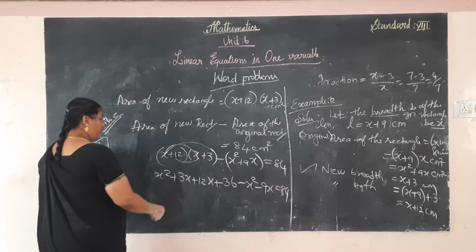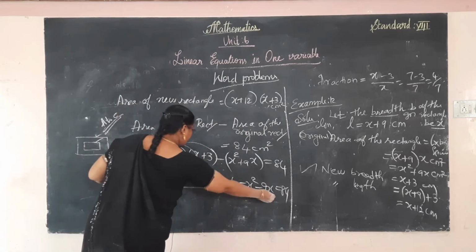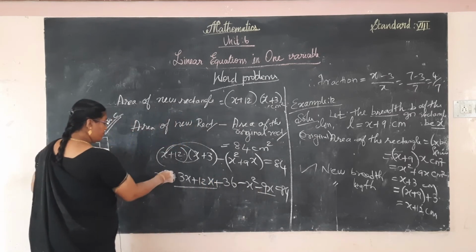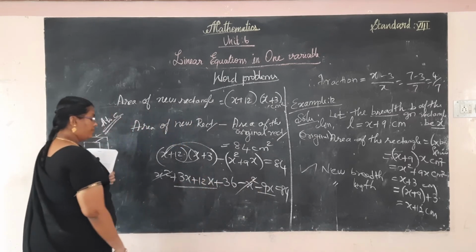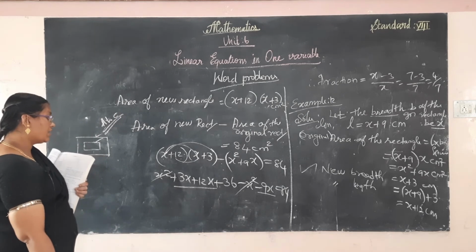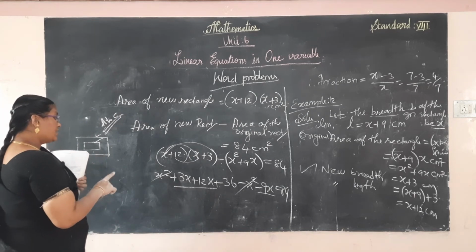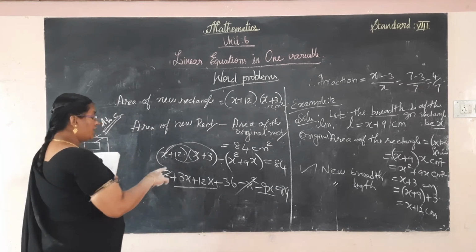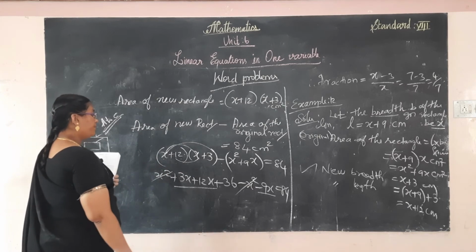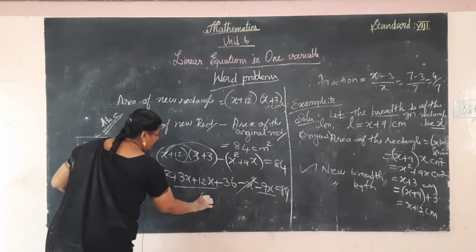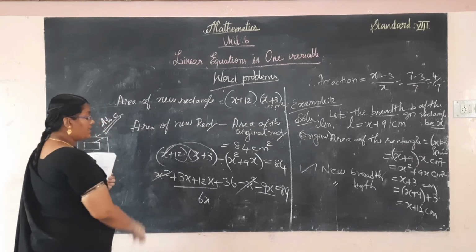Now simplify the like terms. x squared minus x squared cancels. 3x plus 12x is 15x, 15x minus 9x is 6x, so plus 6x.